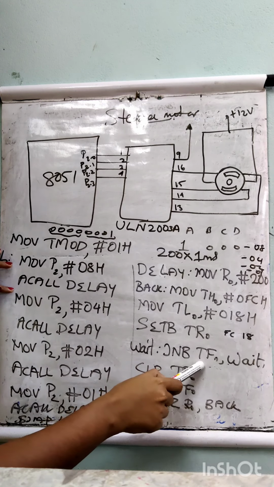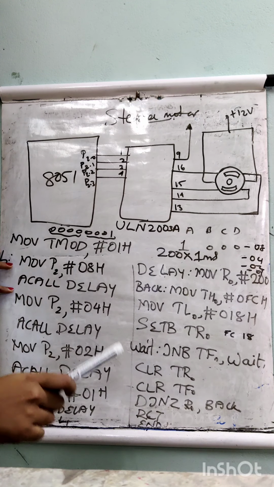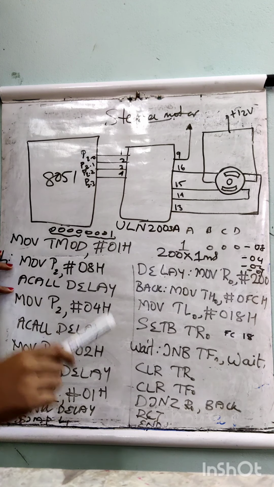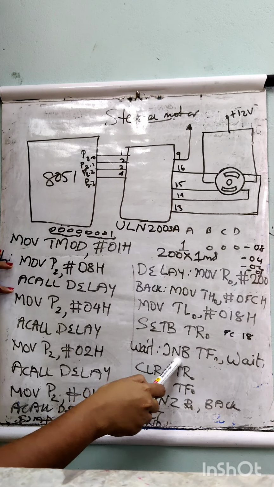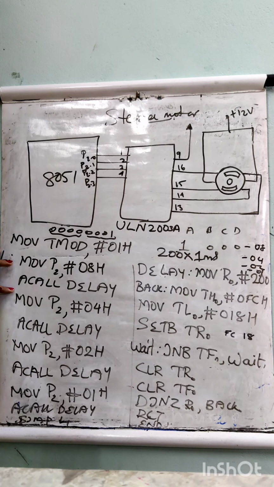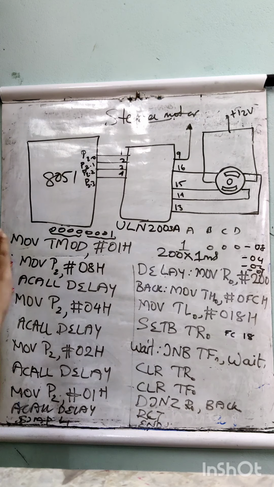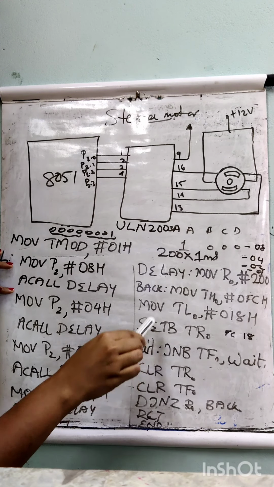JNB TF0 becomes 1 only once the timer reaches the maximum. So once the timer reaches the maximum count, this TF0 bit will become 1. Till the timer reaches the maximum value, it will wait in this particular step.